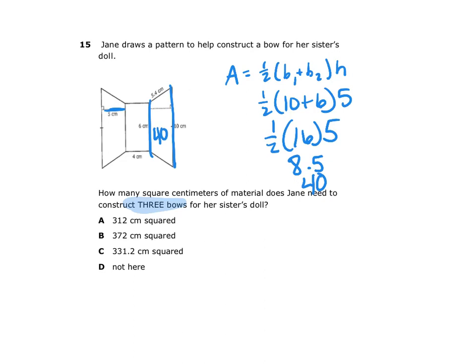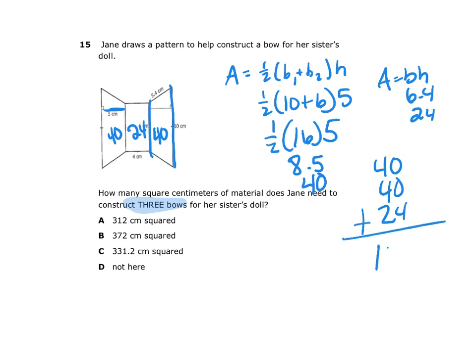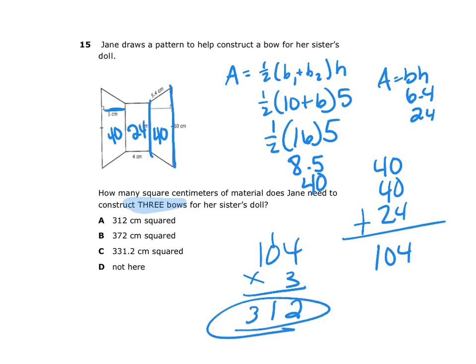So this is 40, and this is 40. Then we have a rectangle in the middle, which is base times height, 6 times 4, and we get 24. So 40 plus 40 plus 24 is 104. And we have 3 of them, so 104 times 3 gives us 312. So that should finish chapter 7, unit 7 test corrections.